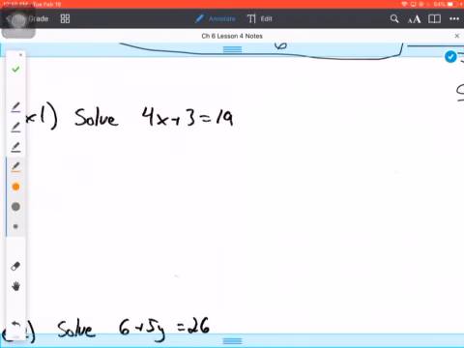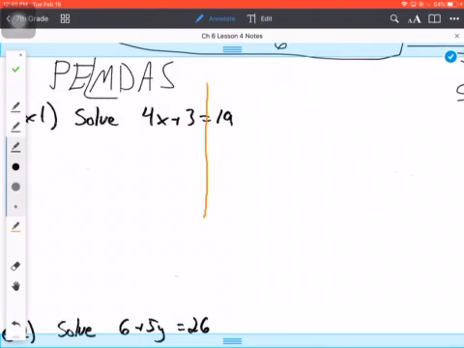First thing we're going to do is draw a line down the middle of the equal sign. Now, if I'm looking at this reverse order of operations method, remember, I have PEMDAS, where these are the same step and these are the same step. I'm going to go in this direction, and I want to undo what there is.